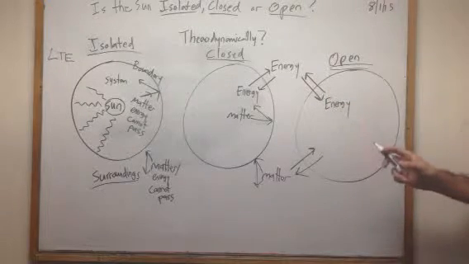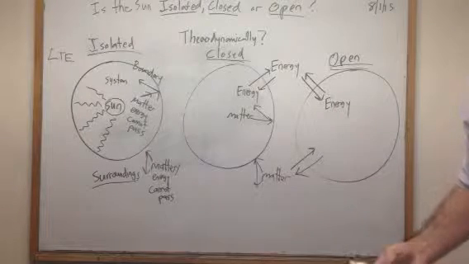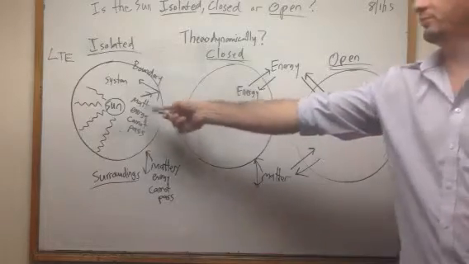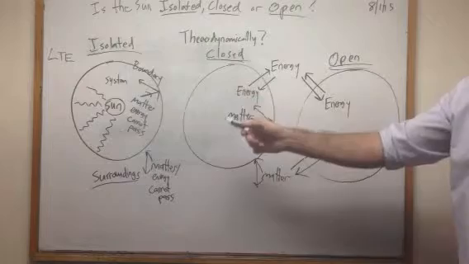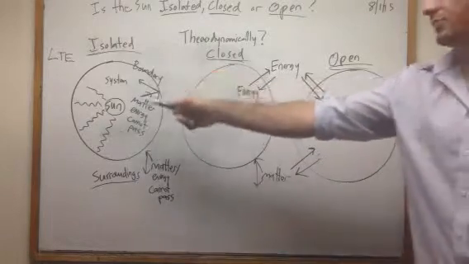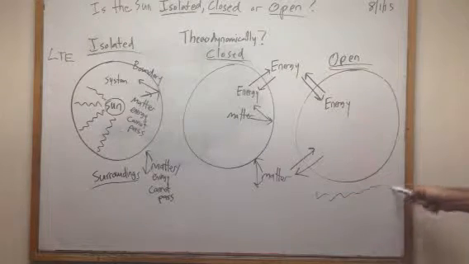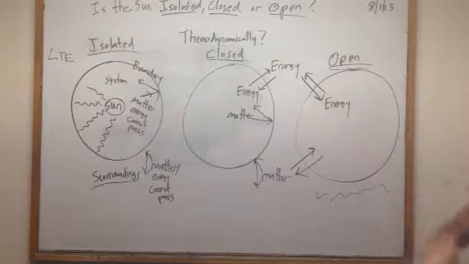Now, a lot of the interior stellar equations that you read have to deal with the sun being something more like this, and then it's a mix of this as well, being closed and isolated, because they don't really care about what's happening out here. When they try to figure out how the sun works, they say, oh, to hell with that.